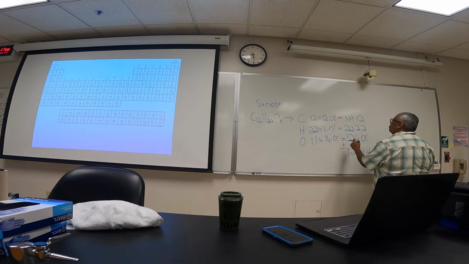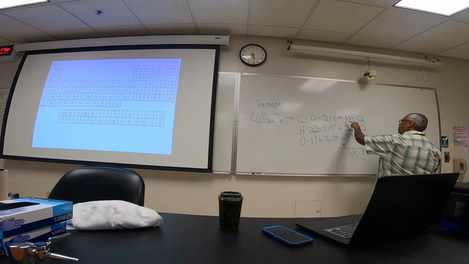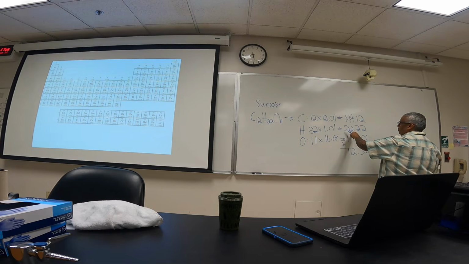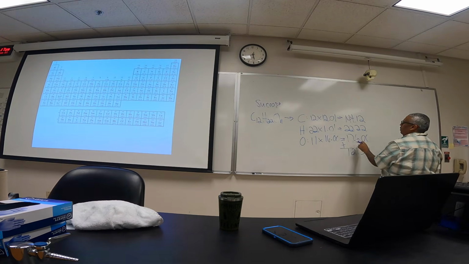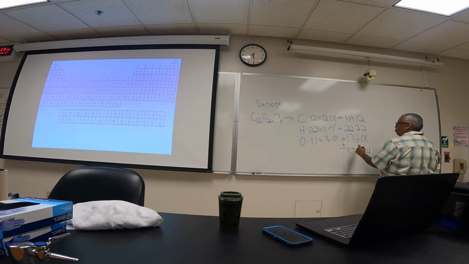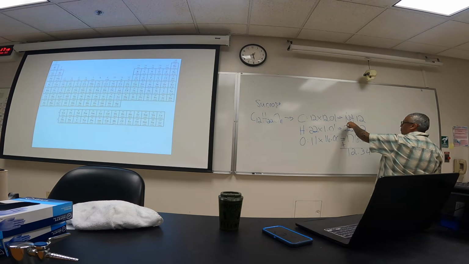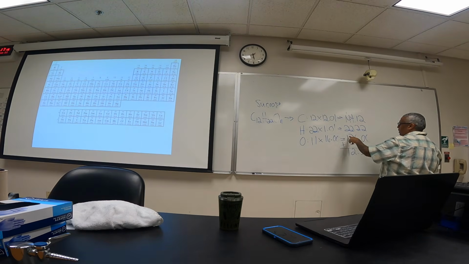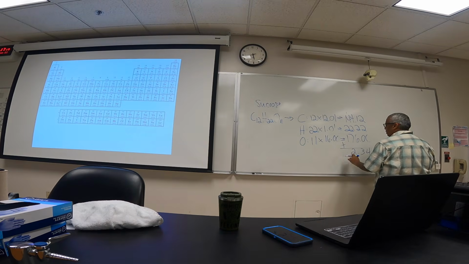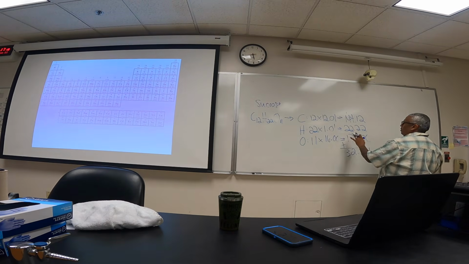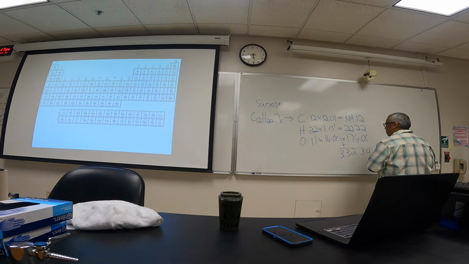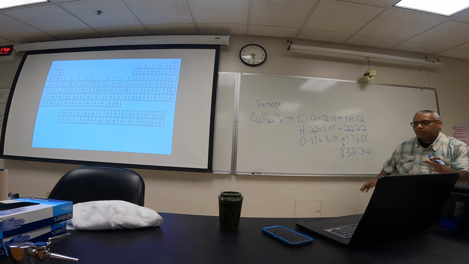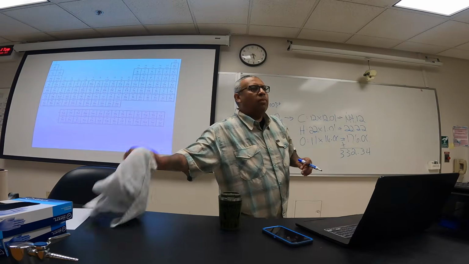I should have lined these up a little bit better. 4 plus 2. There we go. I see that. 10, 12. Then we have 4, 5, 6. Is that right? It might be 342. I'm trying to add this in my head. 342?